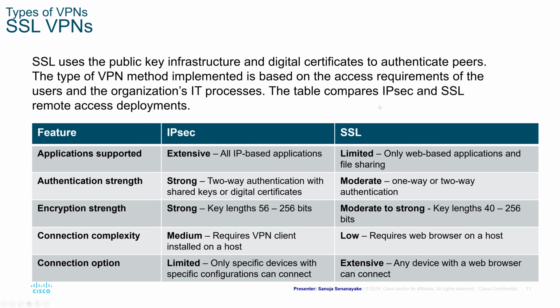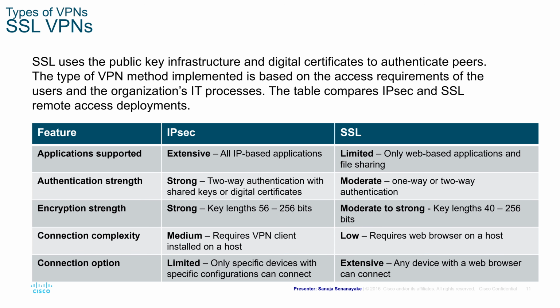SSL VPNs use the public key infrastructure and digital certificates to authenticate peers. The type of VPN method implemented is based on the access requirements of the users and the organization's IT processes.